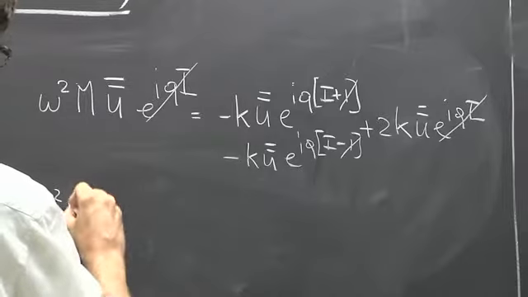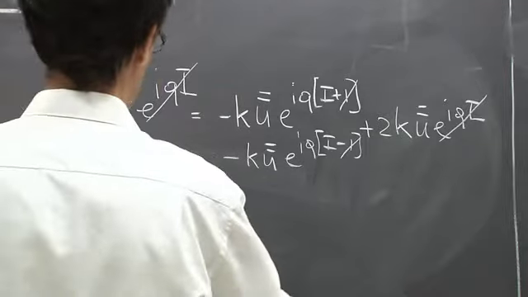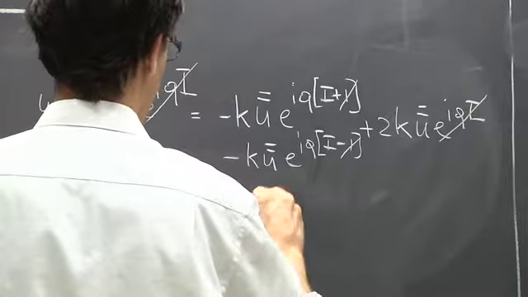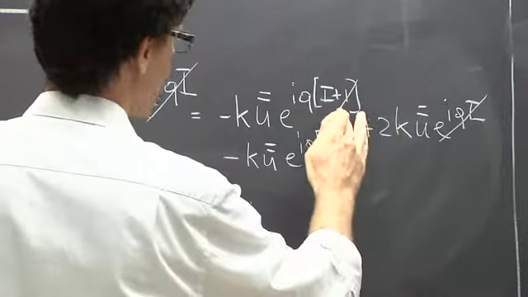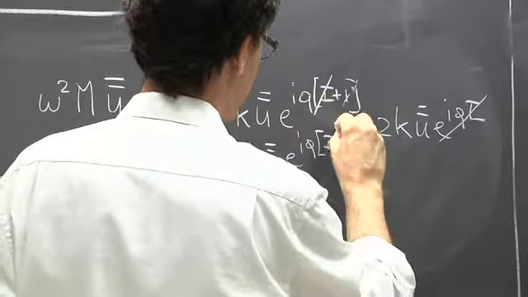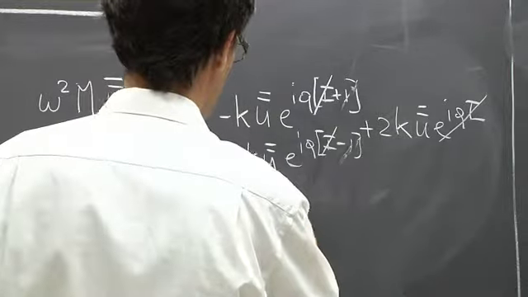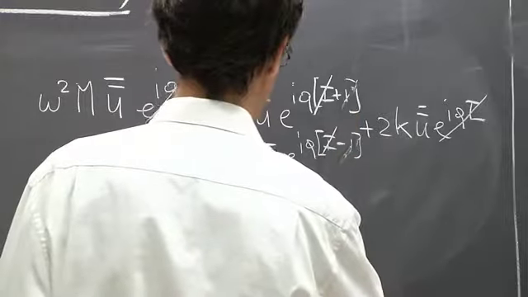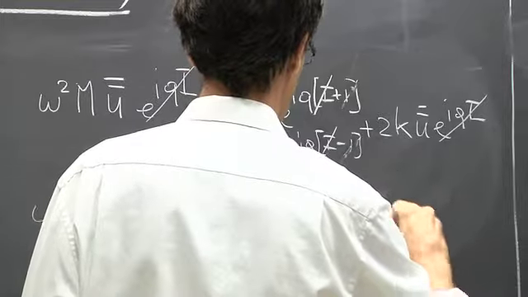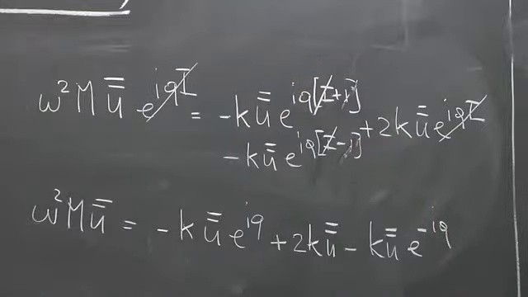Omega squared m u double bar equals minus k u double bar e to the i q, sorry, mistake. It's the i that disappears here, not the 1, of course. It's e to the i q i that disappears. Plus 2k u double bar minus k u double bar e to the minus i q.